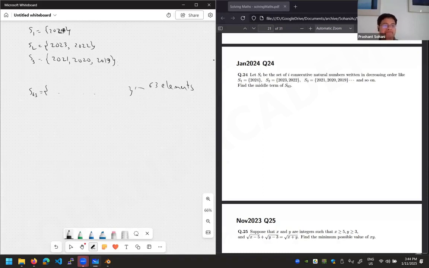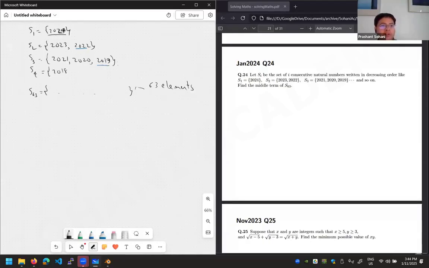One very easy way to solve this problem, I find, is that let us just look at the last elements. So 2024, 2022, 2019. Let us write one more set in this order.